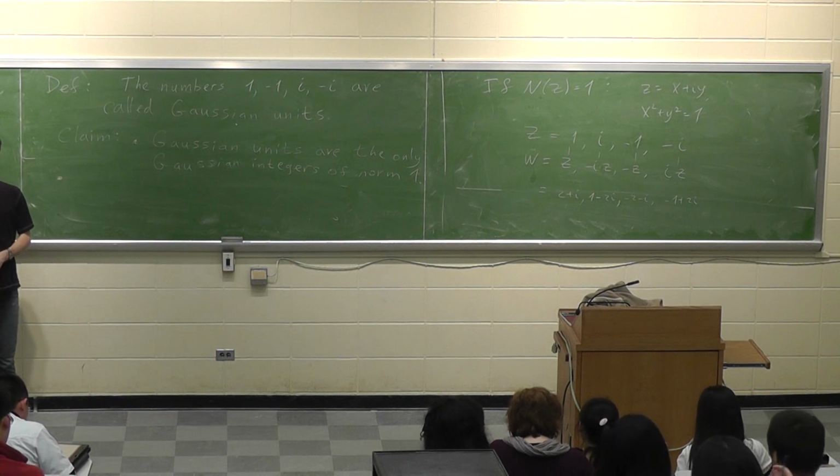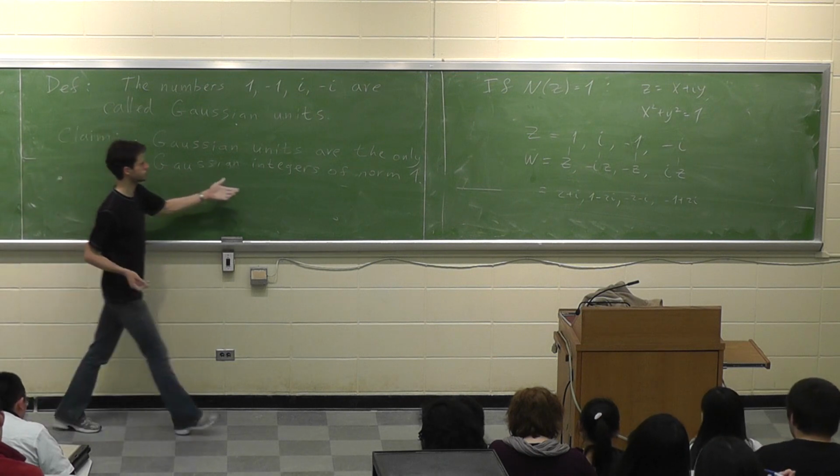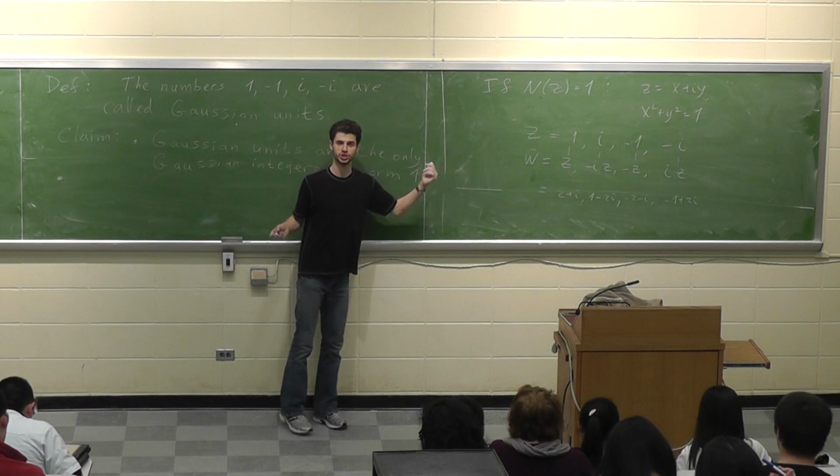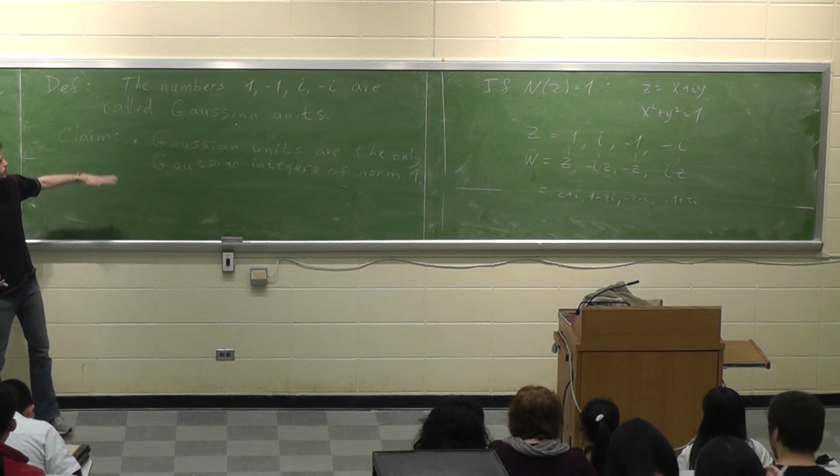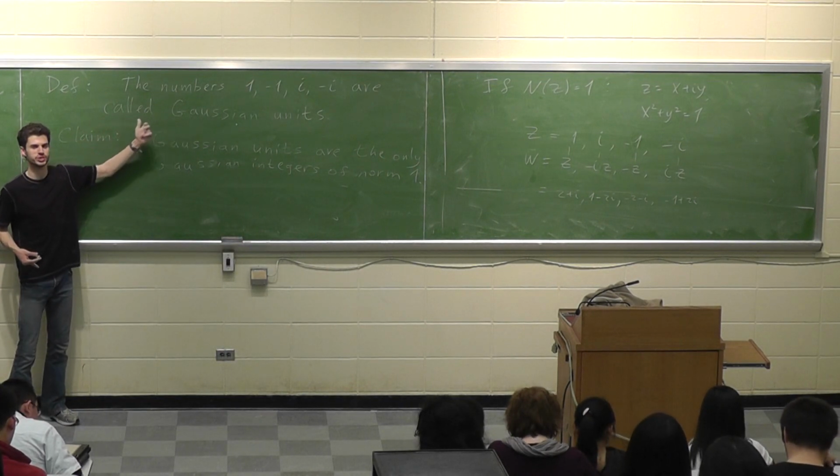So they're the only Gaussian integers whose norm is equal to 1. We already checked this. Now this will be the defining property of what is special about these numbers.